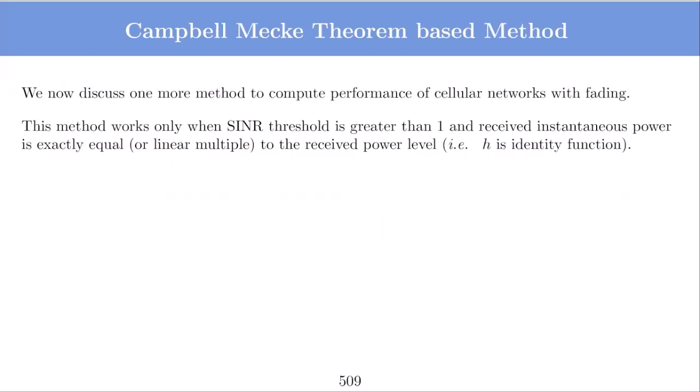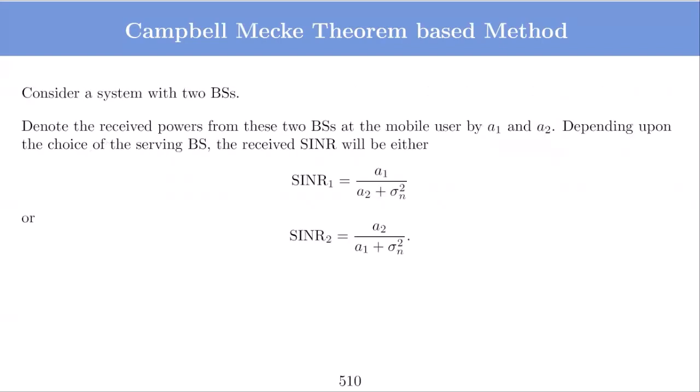This is basically the definition of instantaneous association: you make the association decision based on the instantaneous power itself. There are multiple steps to understand this method. Let's start with why the threshold being greater than 1 is required.